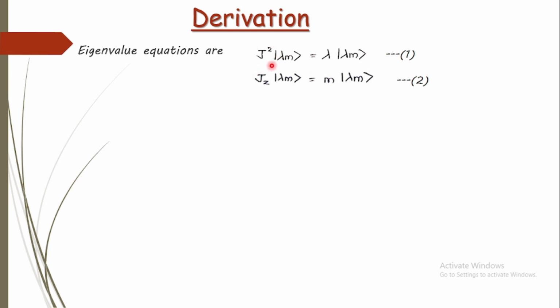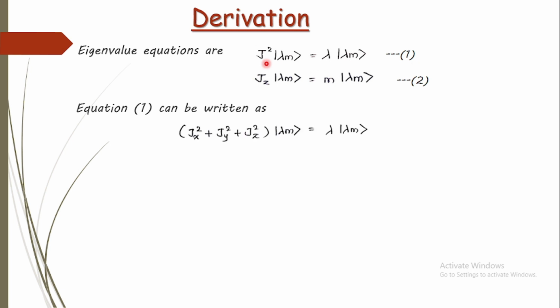We know that J square, that is the square of angular momentum, is nothing but sum of squares of its components. So J square can be written as Jx square plus Jy square plus Jz square. That's why we can rewrite equation number 1 something like this. So in place of J square, we have written it with respect to the components of angular momentum.